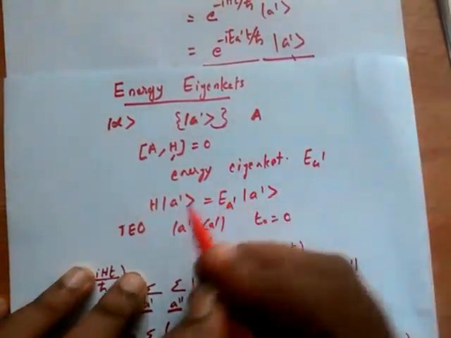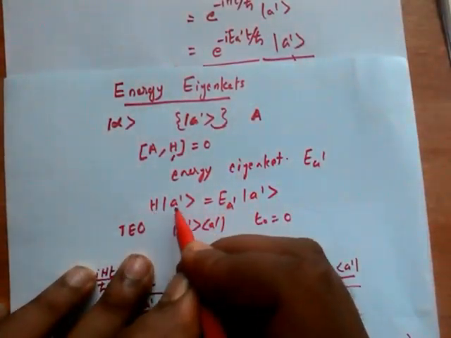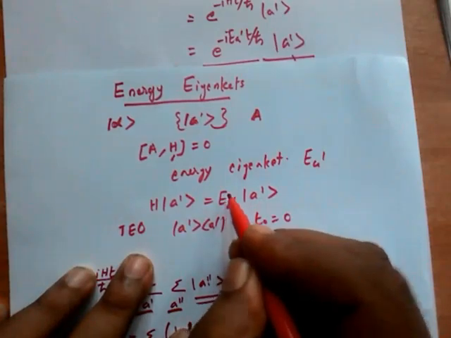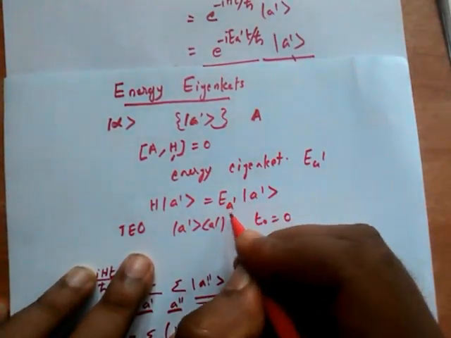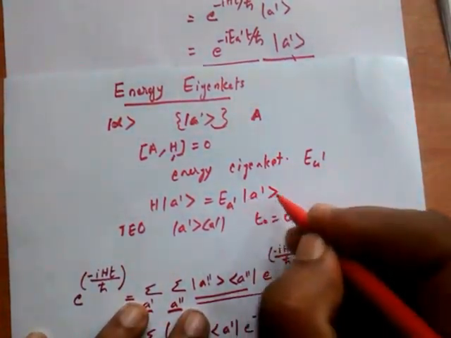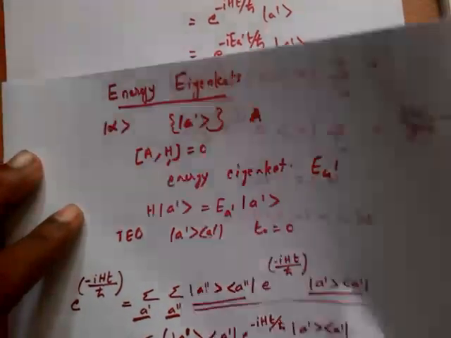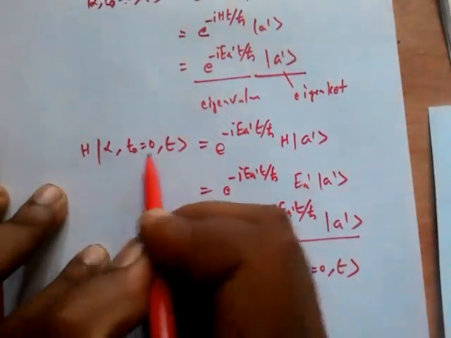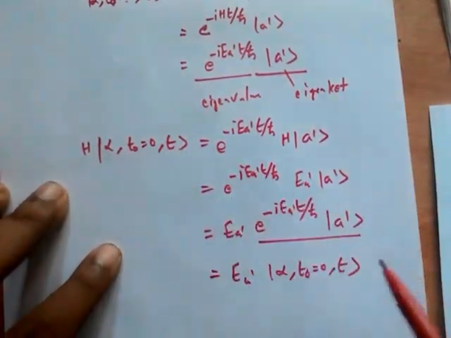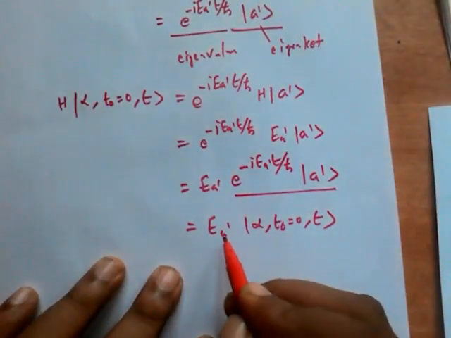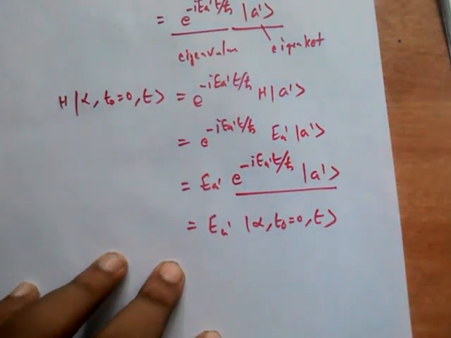So at the initial time, H operating on base ket |a'> gives an eigenvalue E_a' with ket |a'>. And here at time t, H operating on the state ket gives the same eigenvalue E_a'.